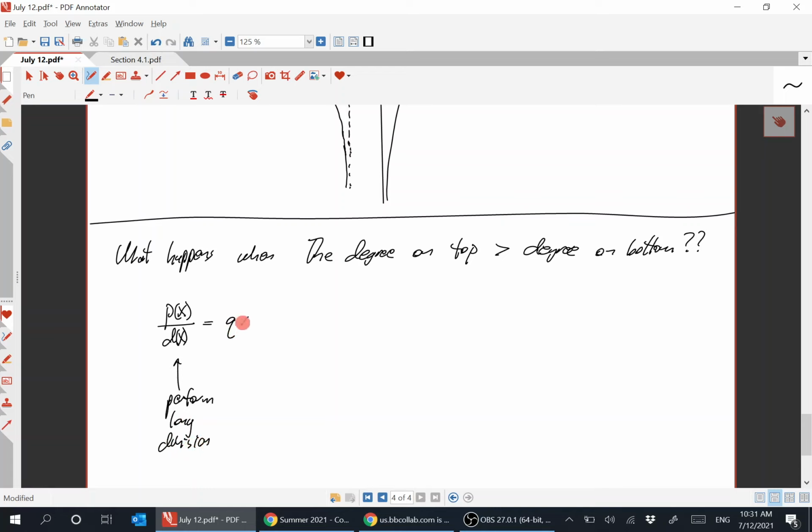And what happens is you get a quotient, plus then you get this remainder over the divisor still. And what was special about the remainder is that the degree of the remainder is less than the degree of the divisor, the denominator. So the degree of r of x is less than the degree of d of x.